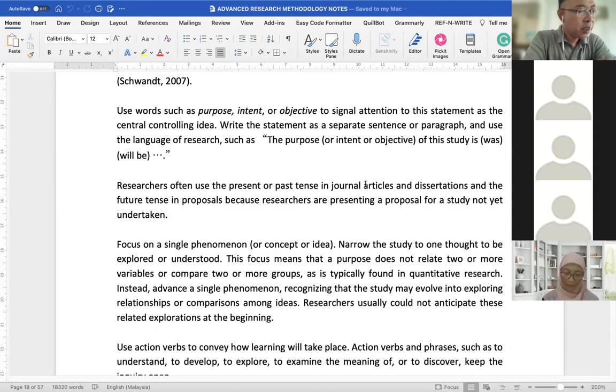So let me repeat. For quantitative research, there must be a prior theory, right? In quantitative research, we start with theory, and then we collect data, and then we analyze data.